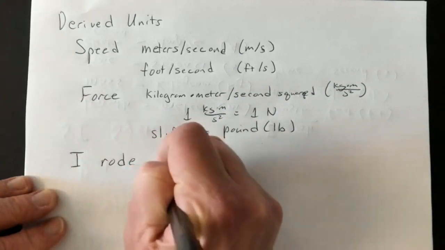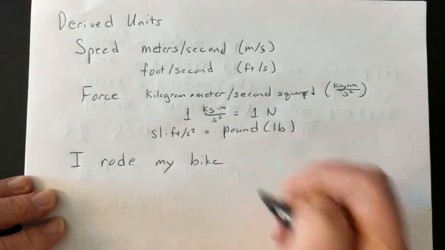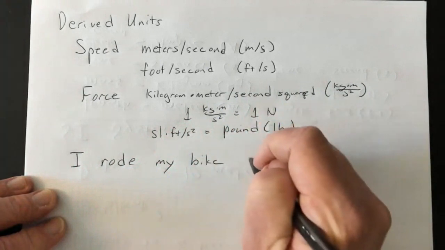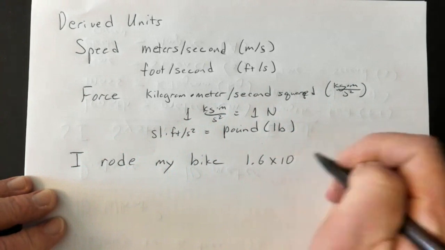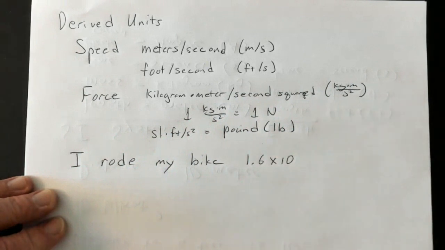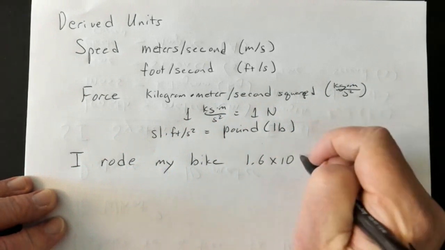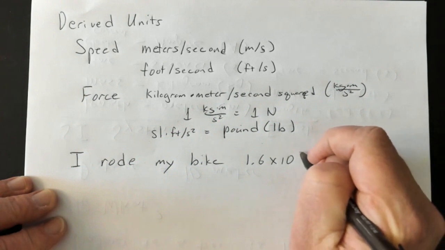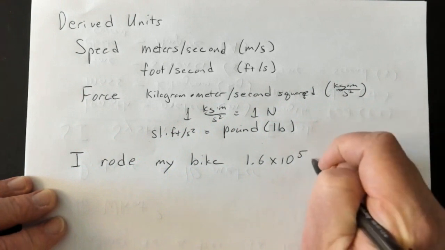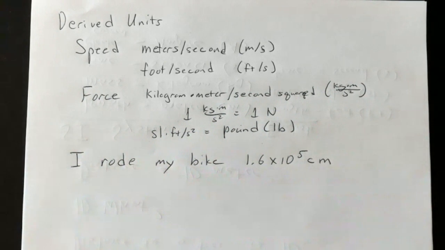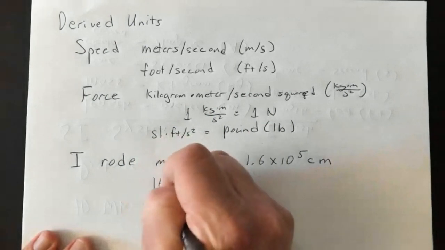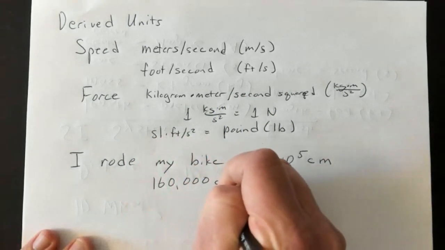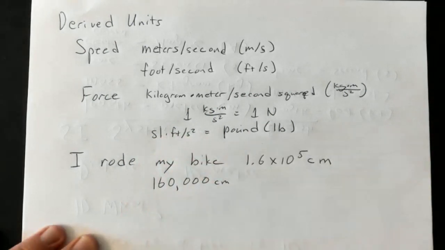I rode my bike 1.6 times 10 to the 5 centimeters, or 160,000 centimeters.